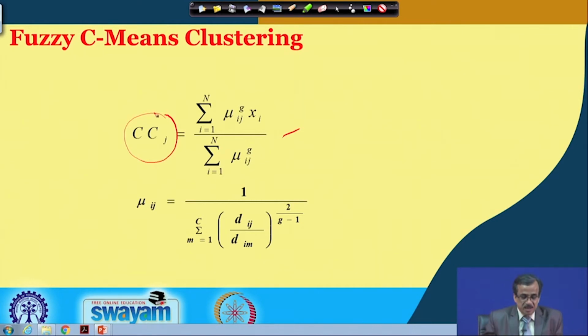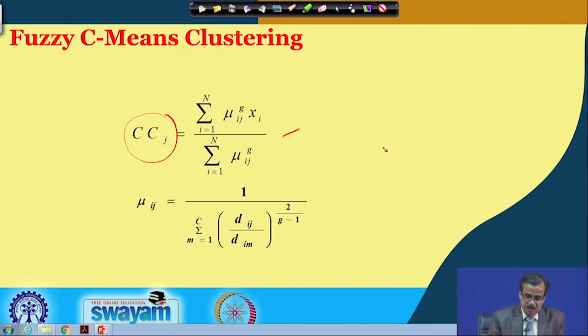Now, as the data are in L dimension, the jth cluster center will have L numerical values, and accordingly I can write it like CC_jk, where k varies from 1 to L. So, I can find out the information for each dimension of this particular cluster center.